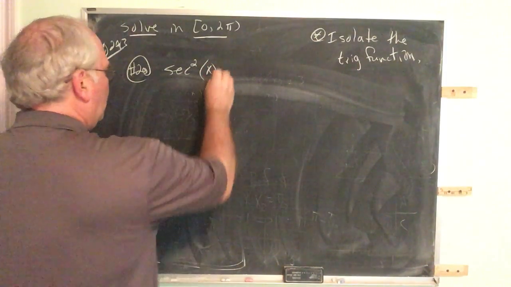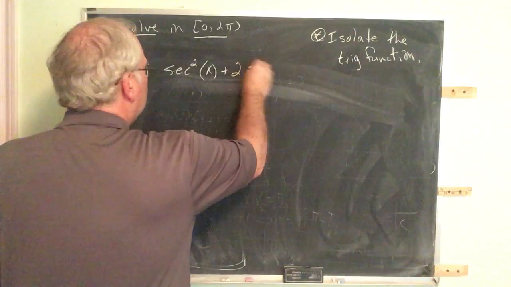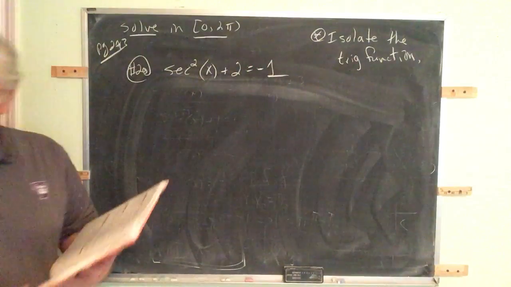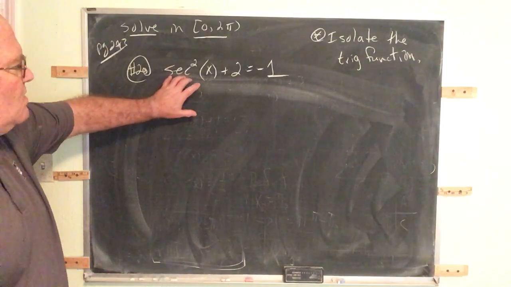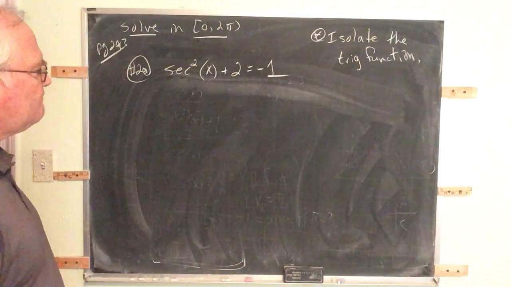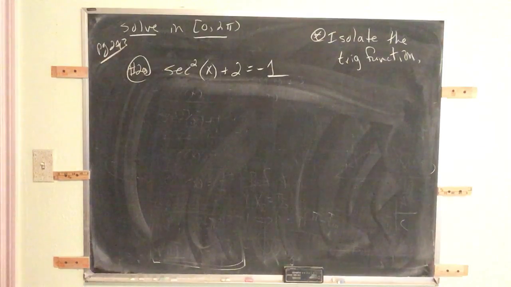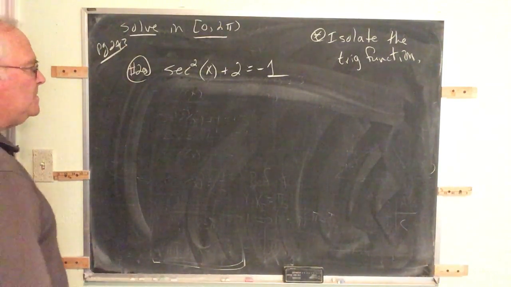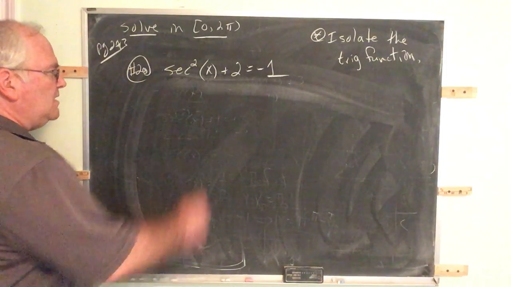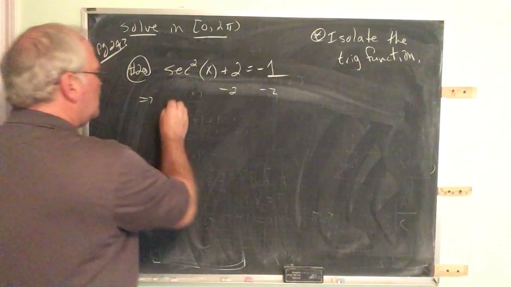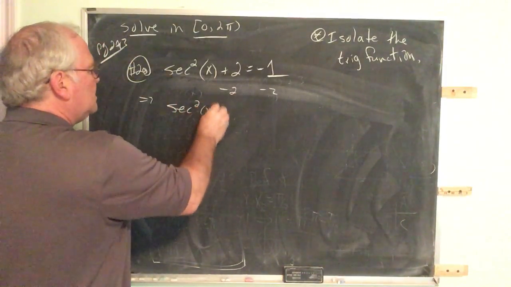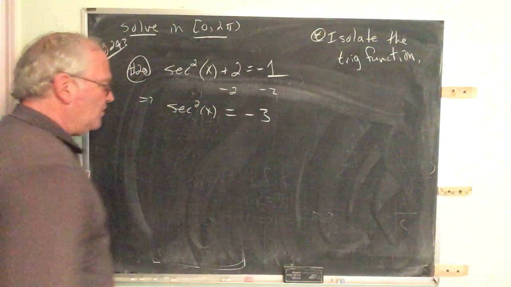Secant squared plus 2 is equal to -1. All right, so we're going to isolate. So we get secant squared of x is equal to -3.